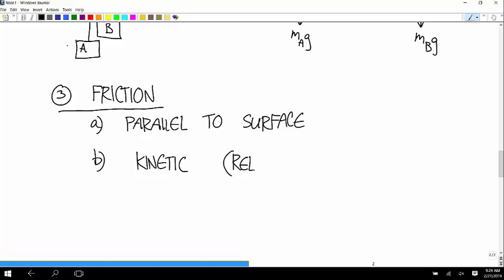in that case, we have relative sliding between two surfaces, one surface of your object and one surface of the surrounding object.